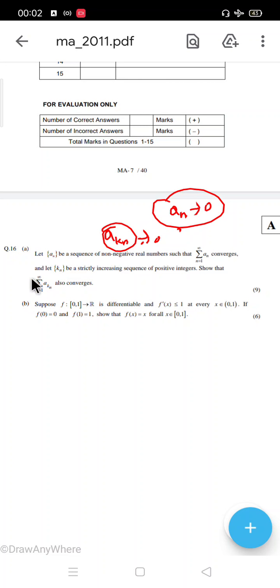Now I would like to see the summation of E Kn. This will be a subsequence of this, so that is also convergent, yes. Nice. It is actually the same as that. I want to prove that a subsequence of that is convergent.